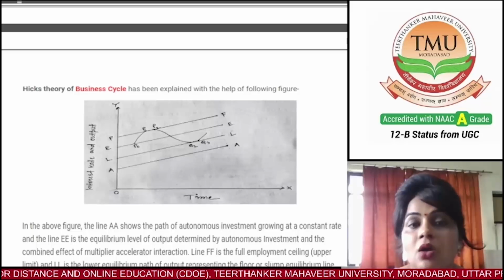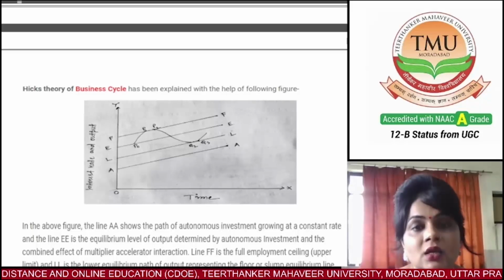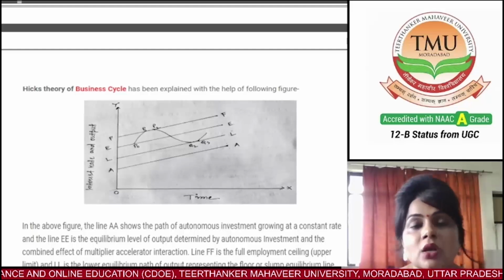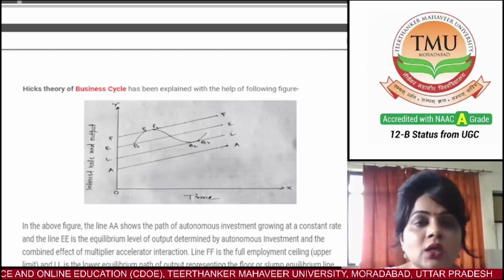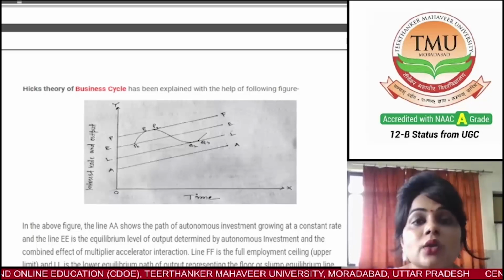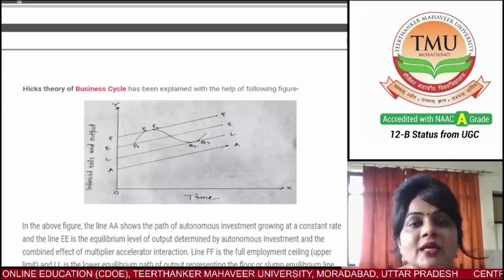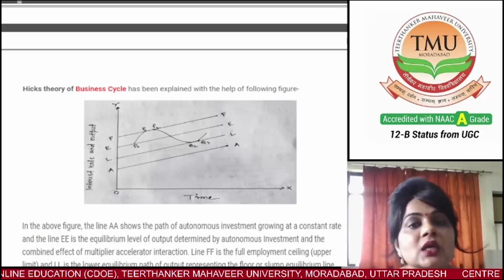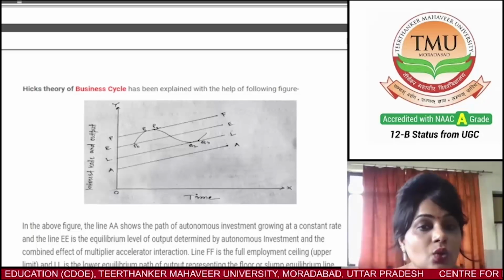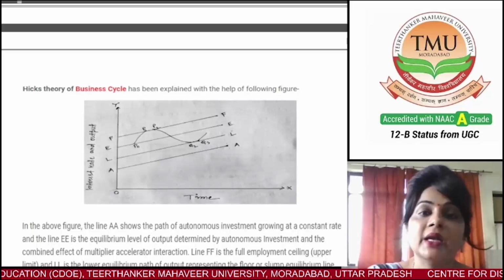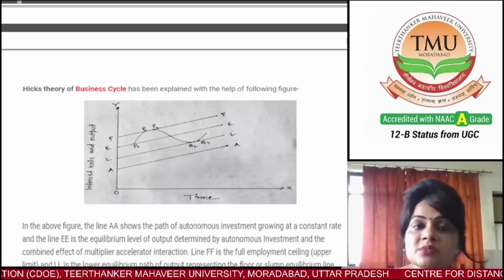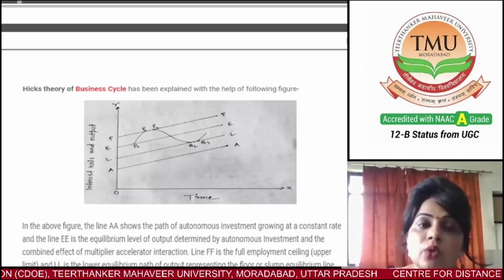Hicks called this the floor line, as this sets a lower equilibrium path of income, and the LL is the lower floor line, which sets the lower limit below which income cannot fall because of a given rate of growth of autonomous investment and given size of the multiplier. But induced investment has not yet been taken into account.